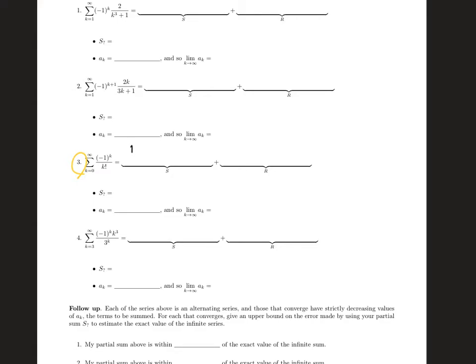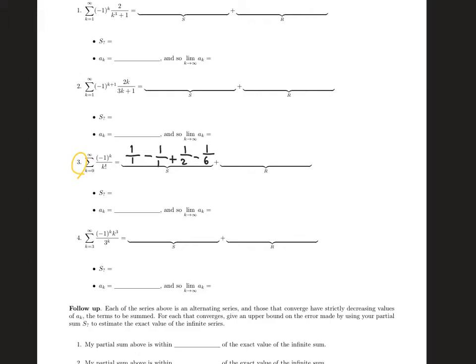So I'll have negative 1 to the 0 over 0 factorial plus negative 1 to the 1 over 1 factorial plus negative 1 to the 2 over 2 factorial, and then plus negative 1 to the 3 over 3 factorial. And so that negative 1 to the k is just making my terms alternate adding and subtracting.